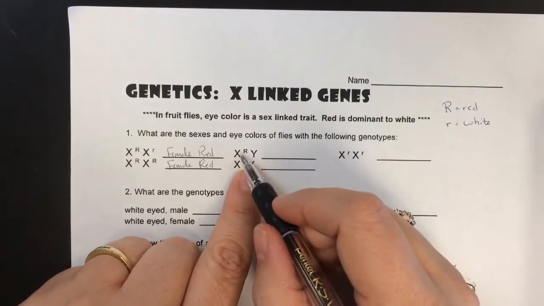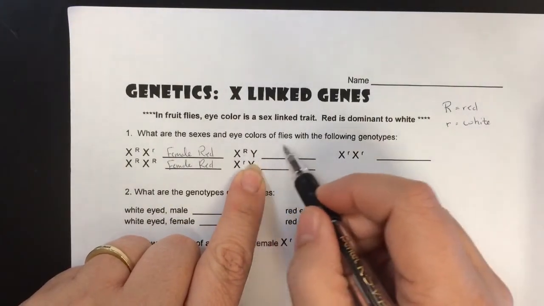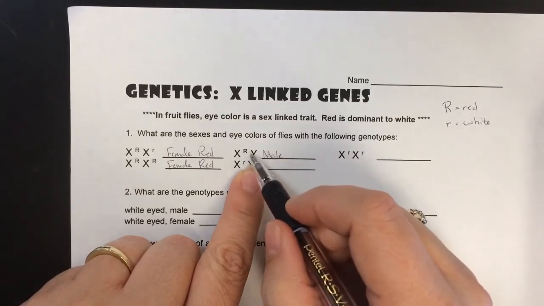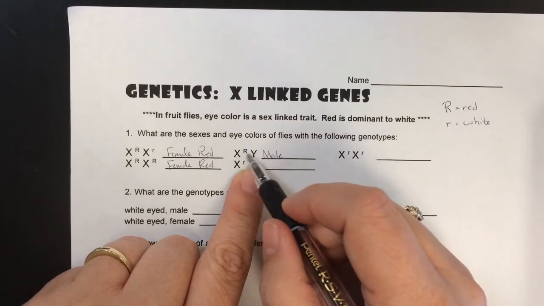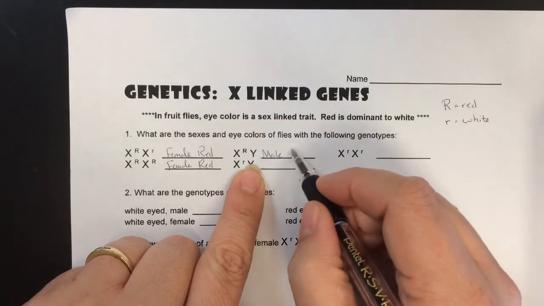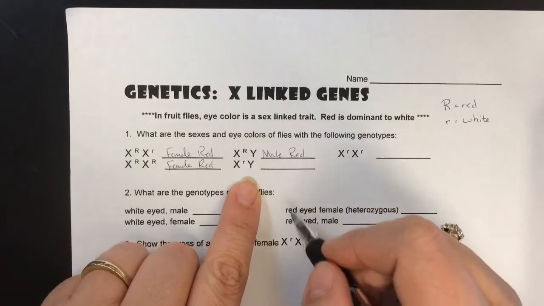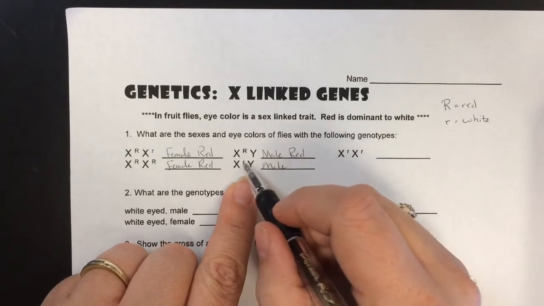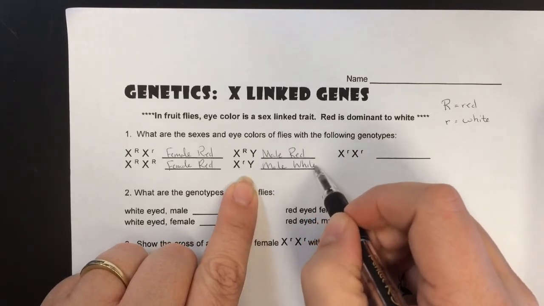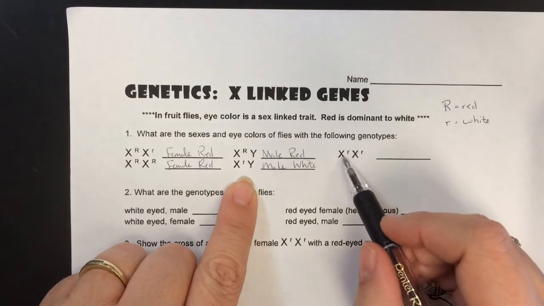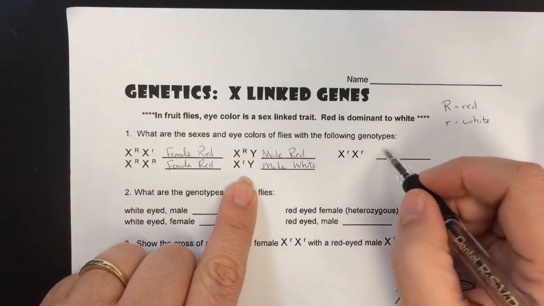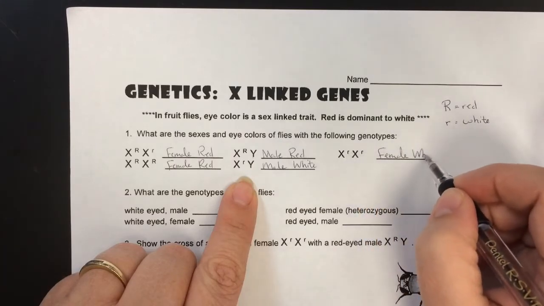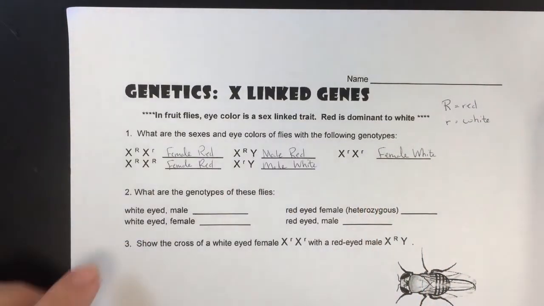Now over here, we have X and Y. So when you see X and Y, that means we are male, and he can't inherit two R genes, so he only expresses the one that he has, which is the big R, and so that means he has red eyes. Here we have XY again, and so that is another male. And he's got the little r gene, so that means his eyes are white. And then finally over here, our last one is XX, which means we have a female, and since they're little, that means her eyes are also going to be white.